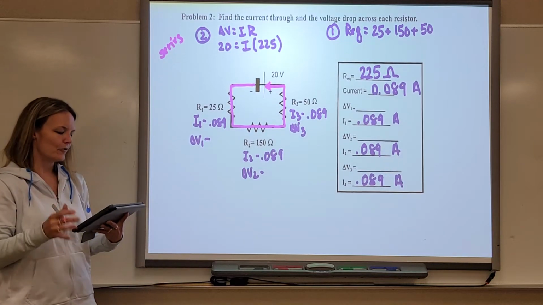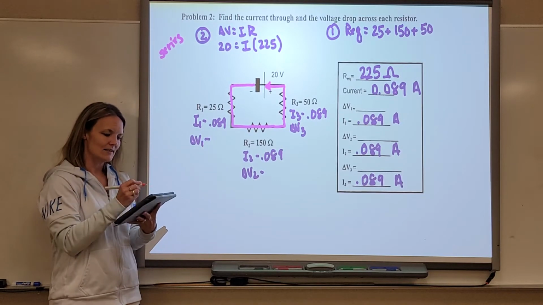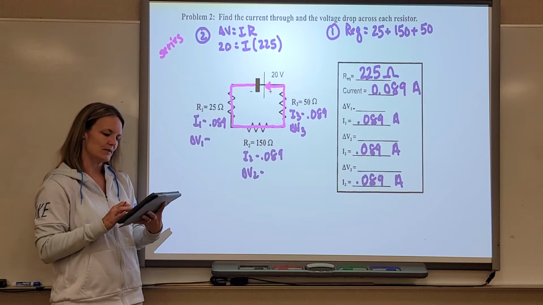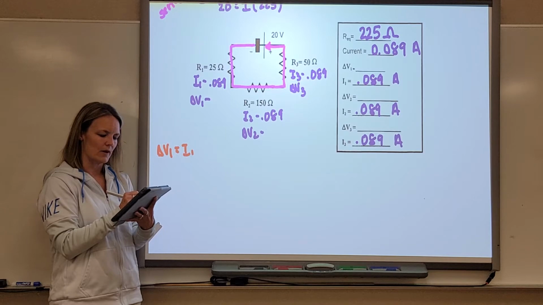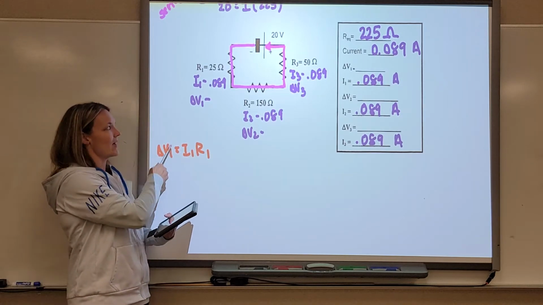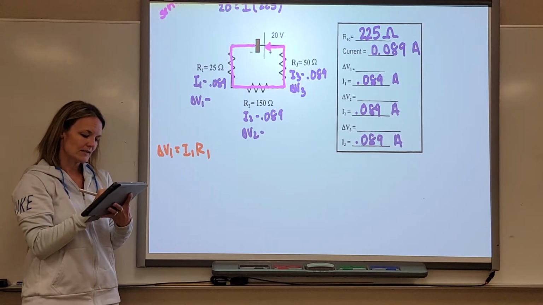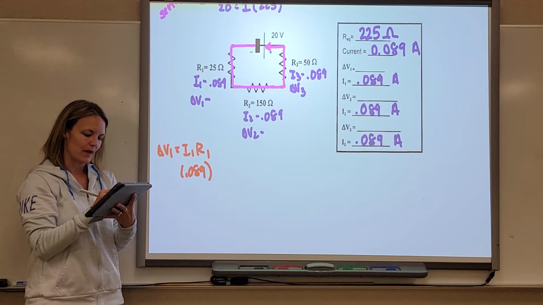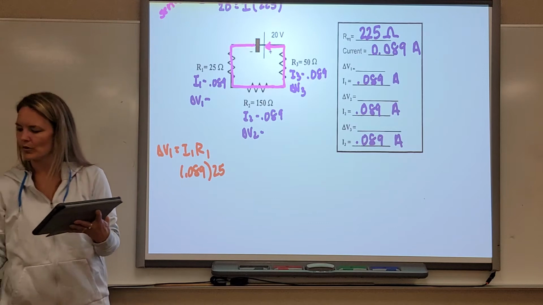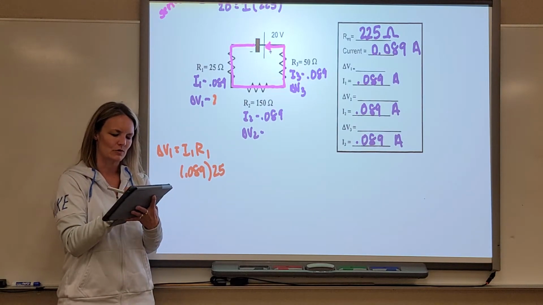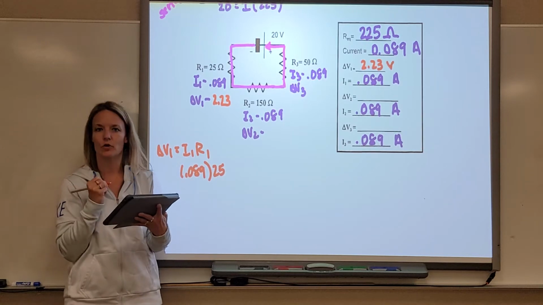From there, all we have to do to find the voltage of each is use delta V equals I times R. Looking at resistor 1, delta V1 equals I1 times R1. I want to find the voltage; I have the current and the resistance. So I take 0.089 and multiply it by 25, and to two decimals I find delta V1 is 2.23 volts.